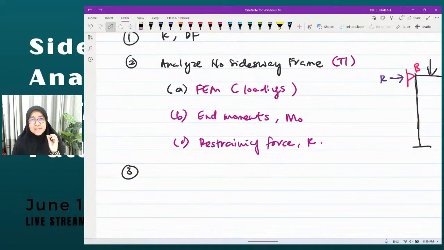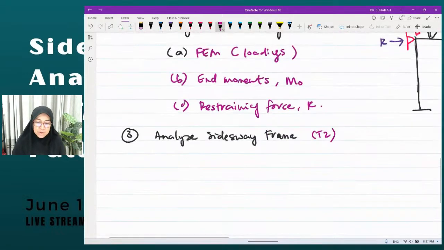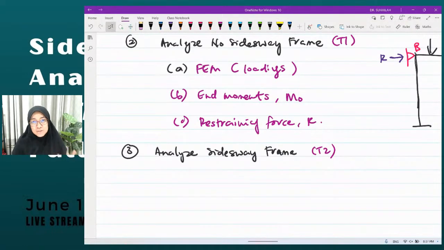Number 3 is the sidesway frame. We have to analyze the sidesway frame, and this is table number 2, the analysis of the sidesway frame. So we have A, B, C as well.